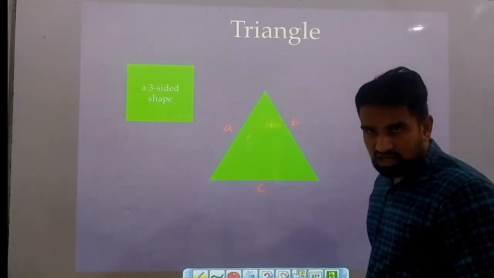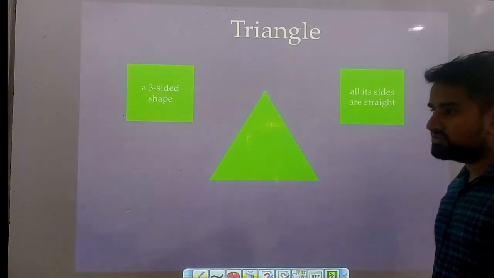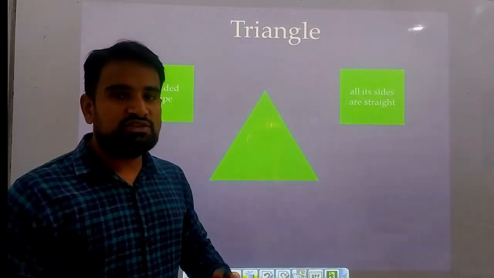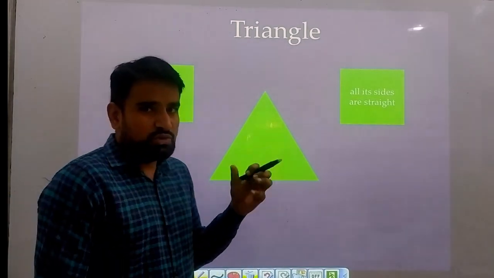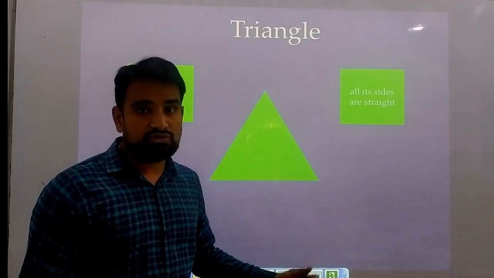It's a three-sided shape, and what's the next feature? All its sides are straight. Basically in a triangle it's compulsory that all its sides should be straight, right?